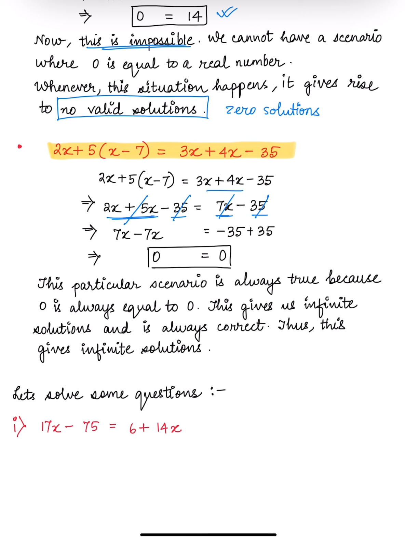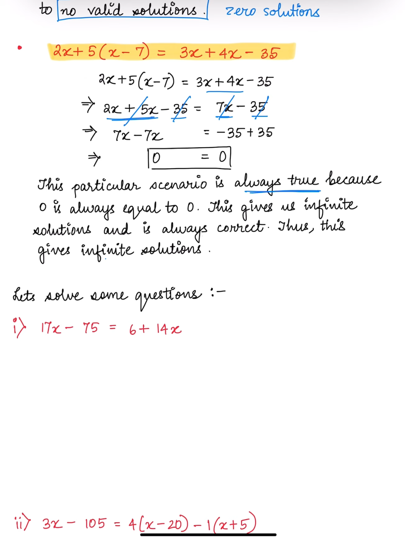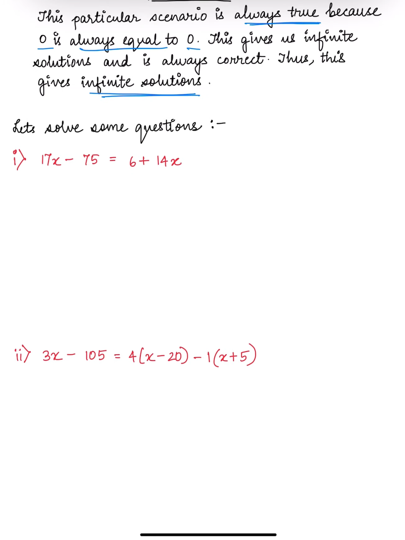So this particular scenario will be always true, and if it is always true, then there are infinite solutions, because whatever be the value of x, we'll always get a valid solution, because 0 is always equal to 0, right? Now let's solve some questions and see which category they fall into.